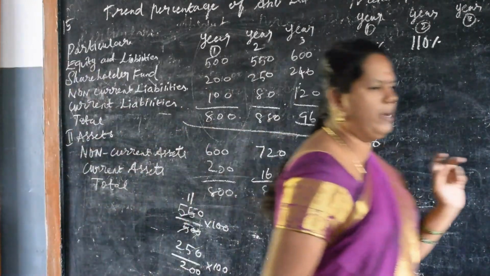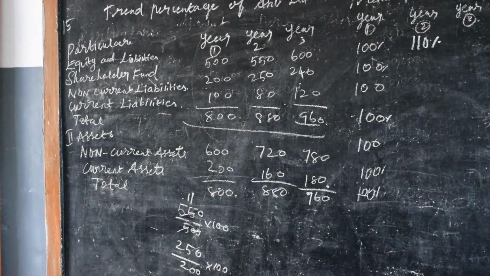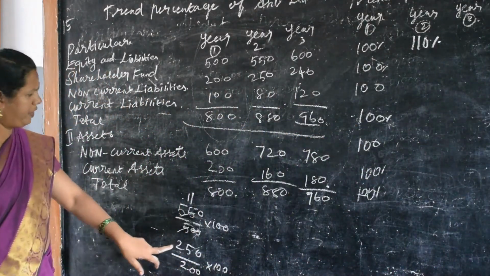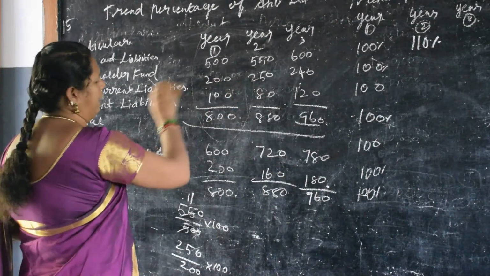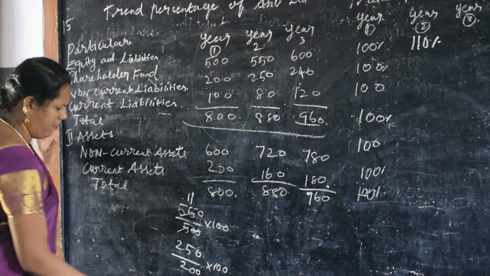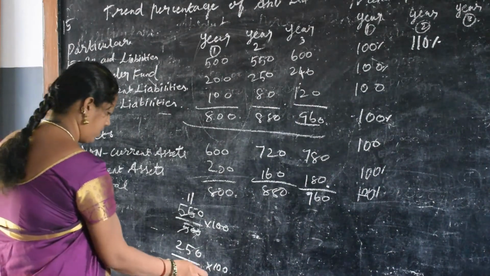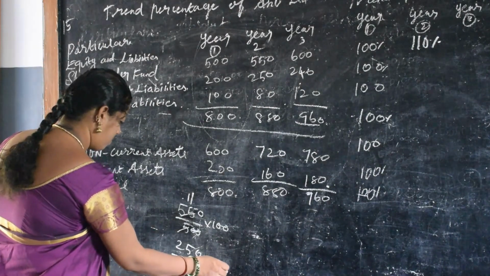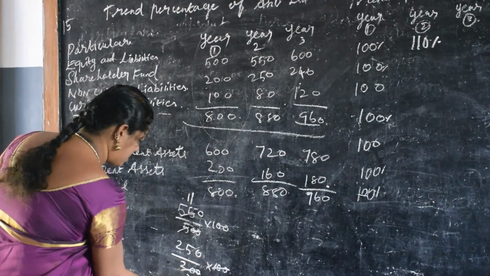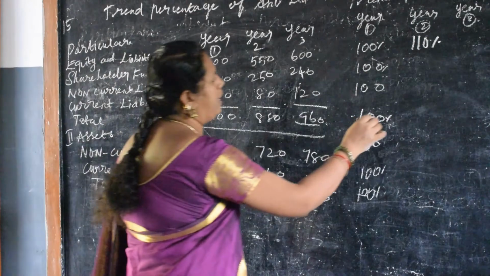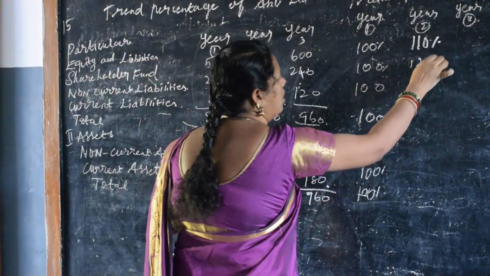We will check it out. 250 by 200 you will get, 100 is 2 times, 1 times 25, so that is 125 percentage.